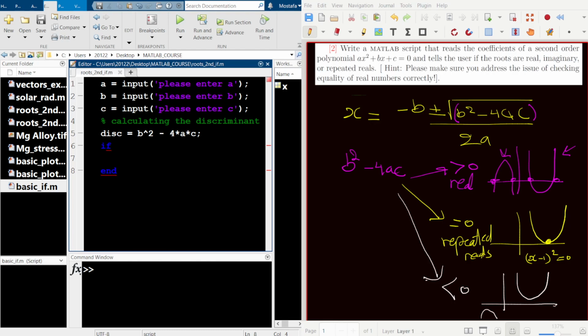And we remember a discussion from a previous video that checking equality to 0 doesn't actually work using the double equal sign. In general, b squared minus 4ac will be a real number, or a float. So let's see how we will address this.